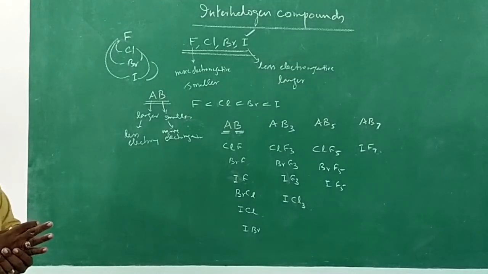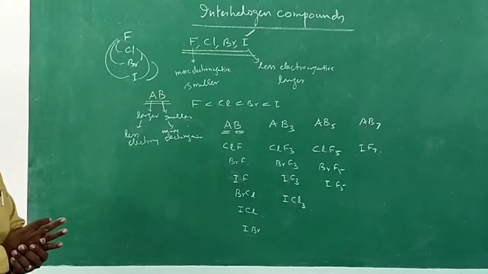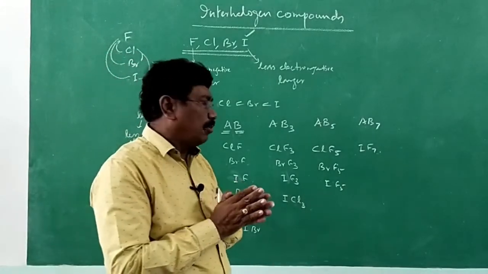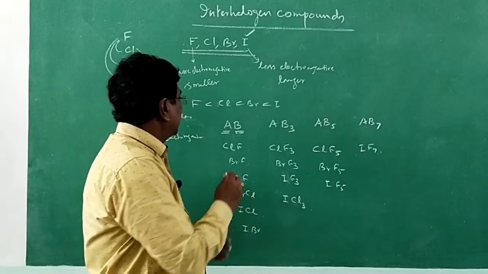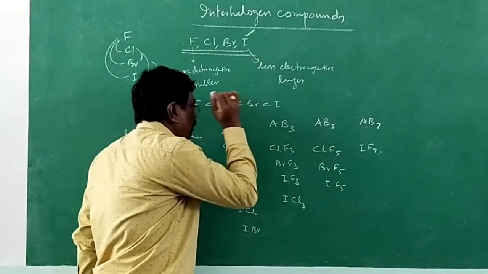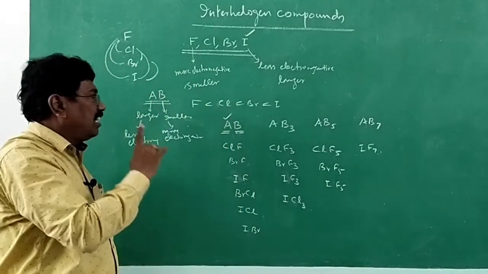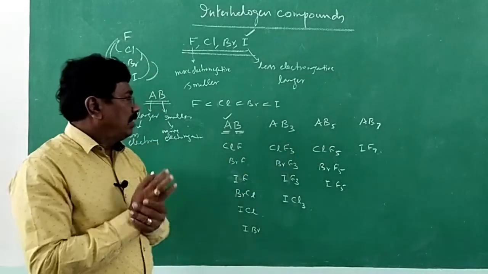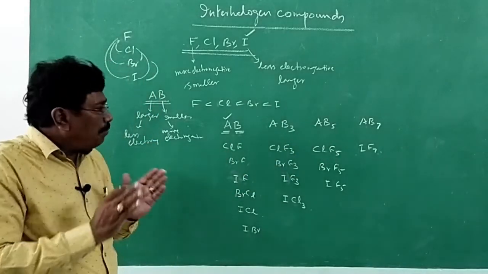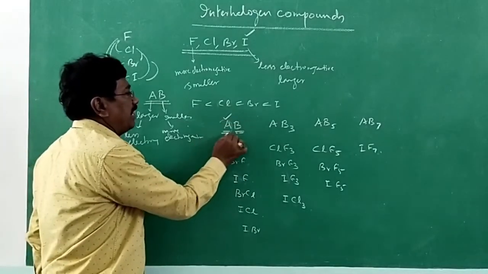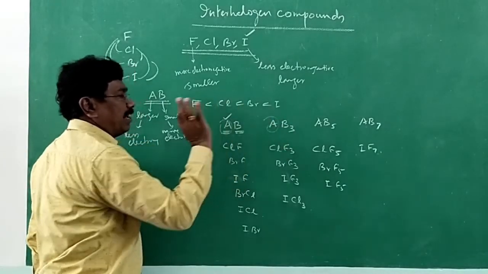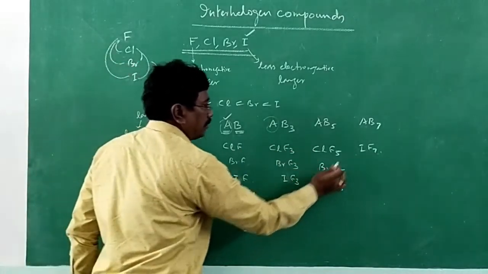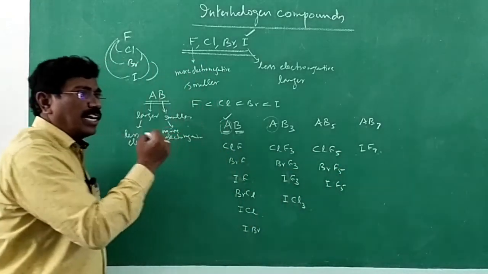Now, during the formation of these compounds, what are the important things to be noted? Usually, the central atom, central halogen, should be larger. That I said already. Chlorine cannot be A. Only other elements can be here, because chlorine is more electronegative.